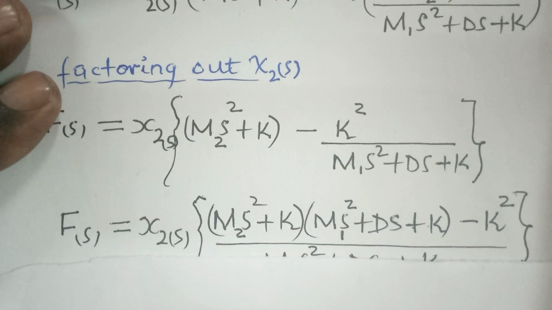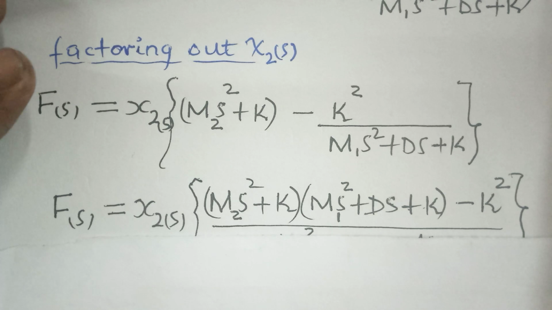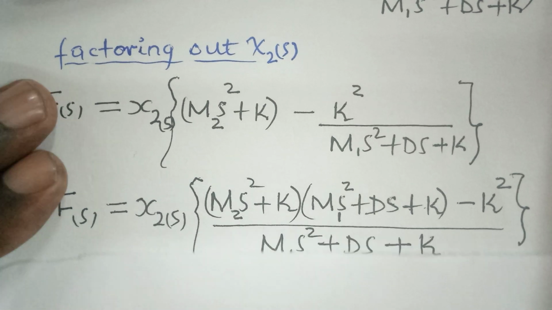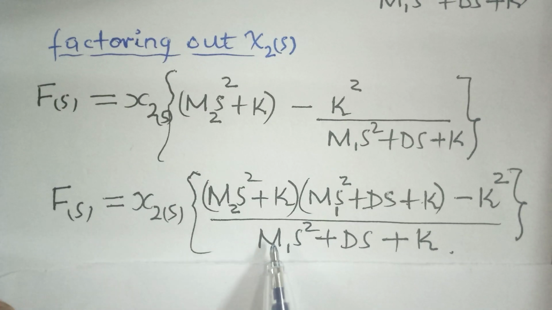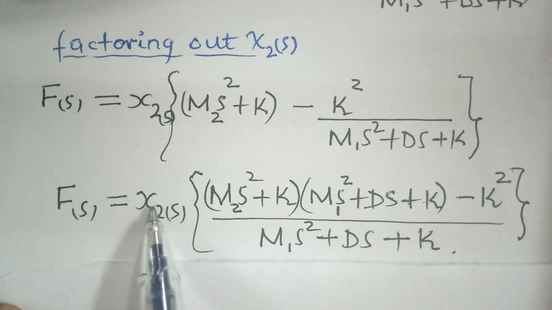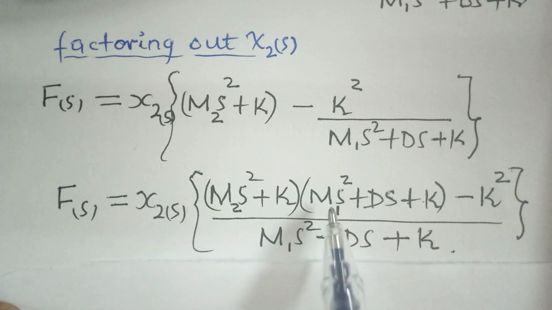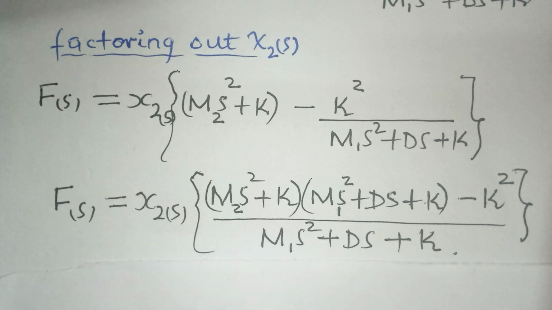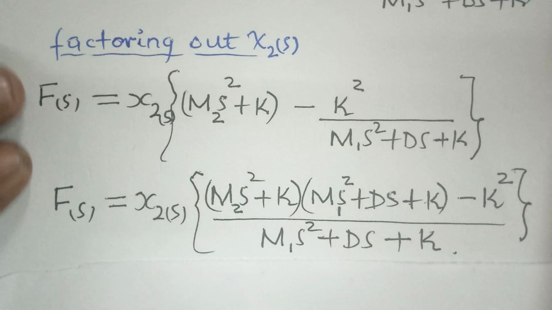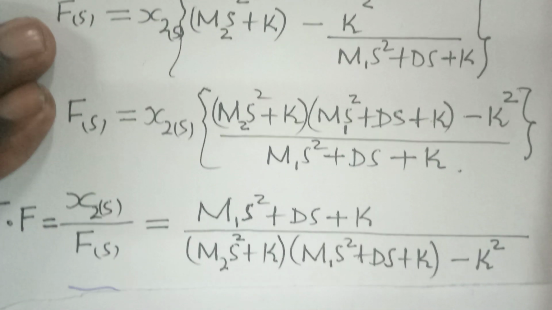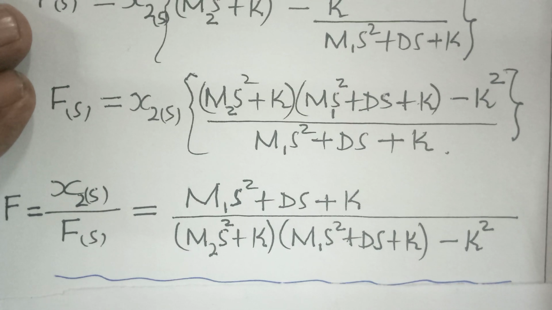We multiply that and the equation is going to be like this. The last thing, we just move this F to this side and the whole of this to this other side. That is to be able to get our transfer function, and therefore our transfer function is as shown.